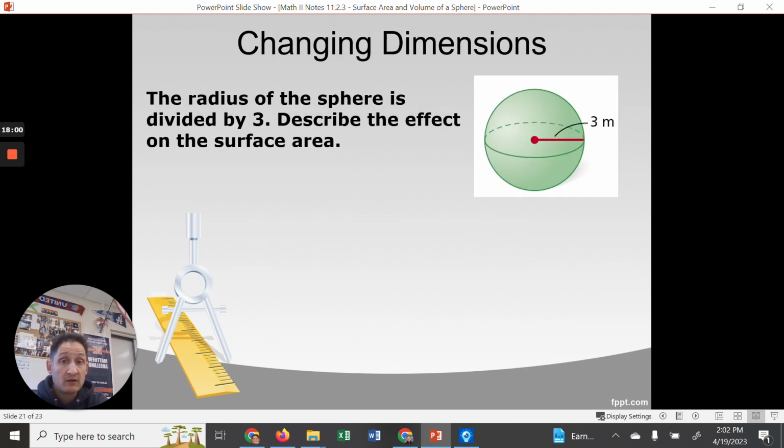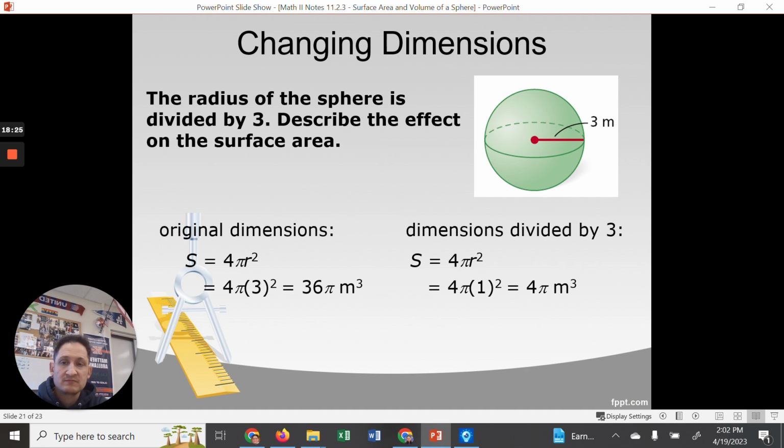Oh, yeah, but by the way, changing dimensions. I'm dividing the radius of the sphere by 3. I wonder what I should divide the surface area by. Oh, yeah. Surface area. Area. Scale factor squared. So, yes, you could find both surface areas, I suppose.